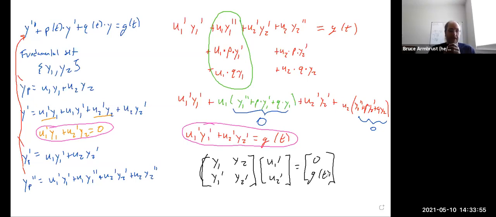And if you look at this, that's exactly what we saw. You can see the Wronskian. And then it's equal to 0, g of t. Well, ours was 0, 3 cosecant of t.